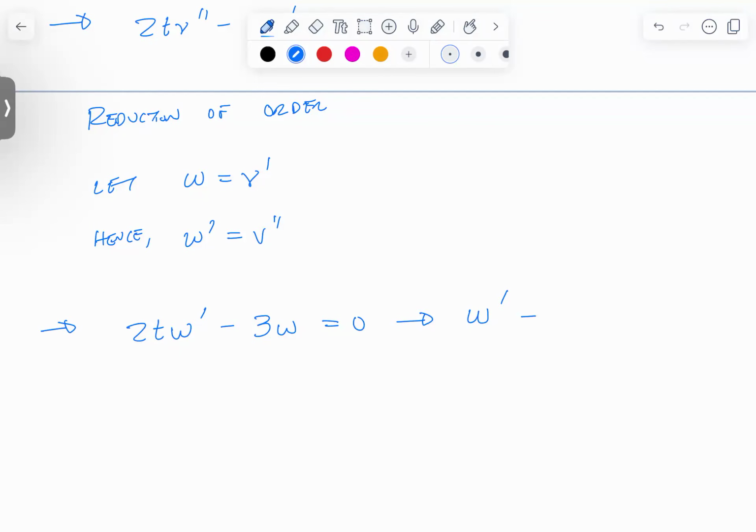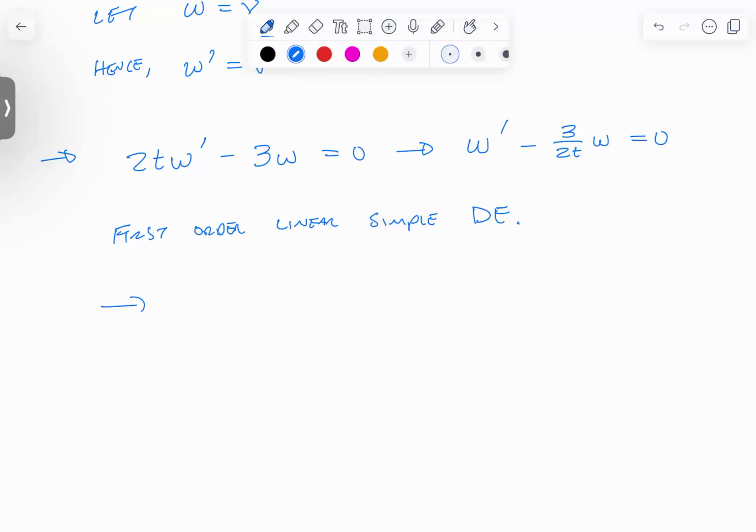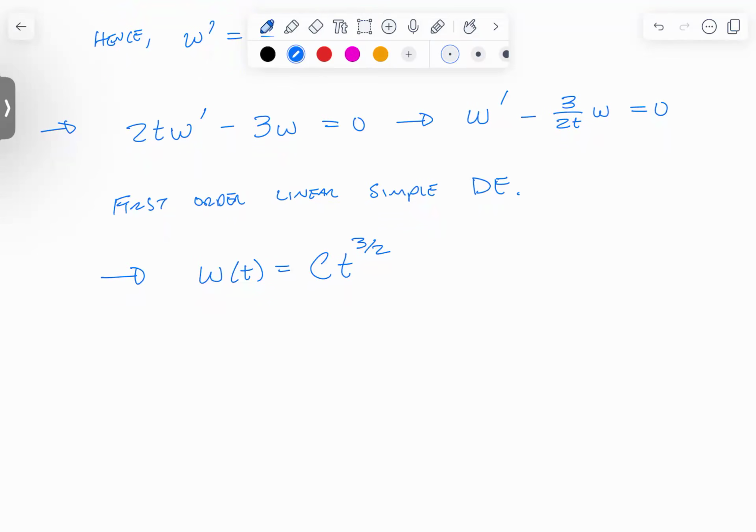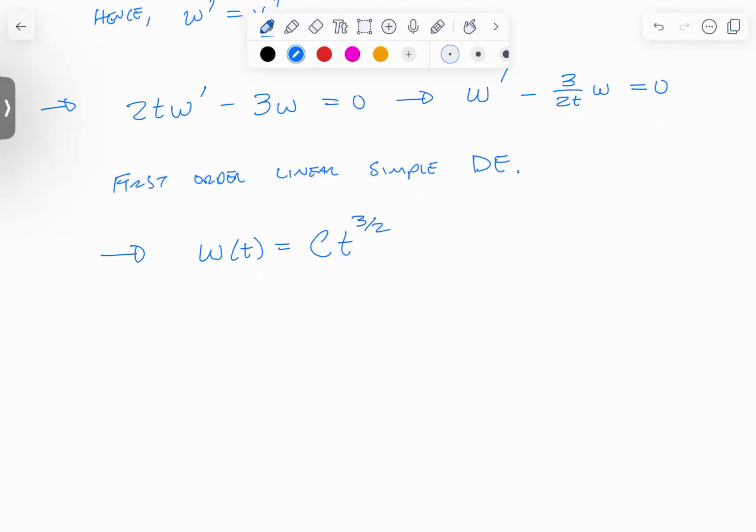So w prime minus 3 divided by 2t w equals 0. And this would boil down to w of t equals C, since that is a first order linear simple differential equation.